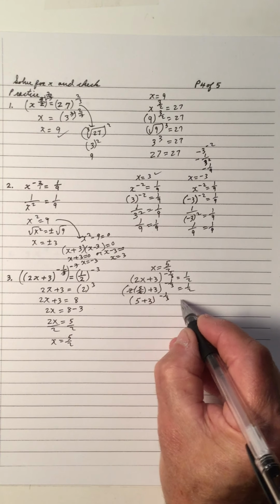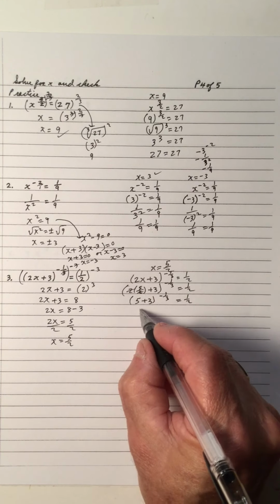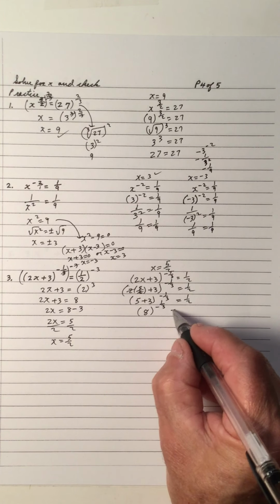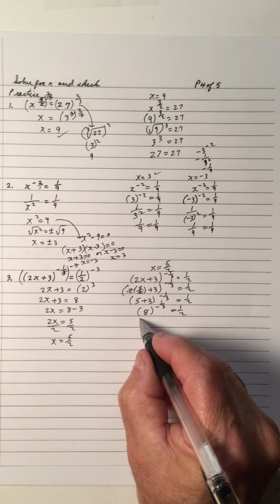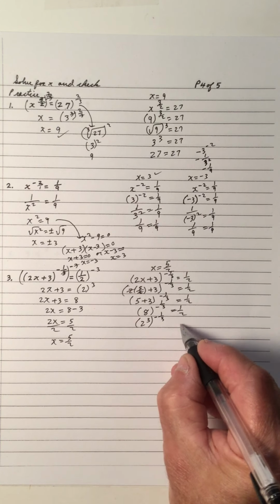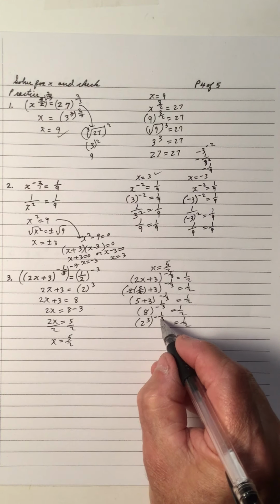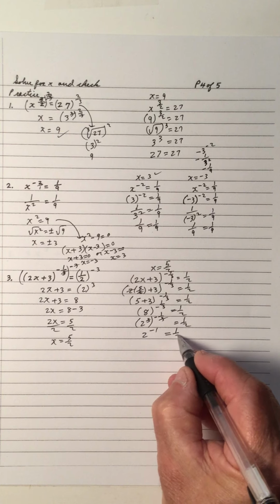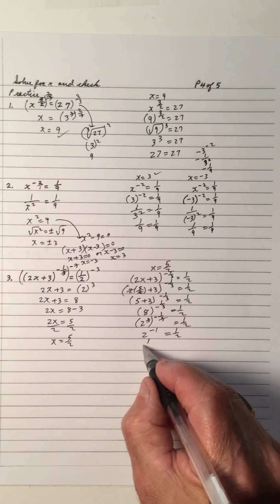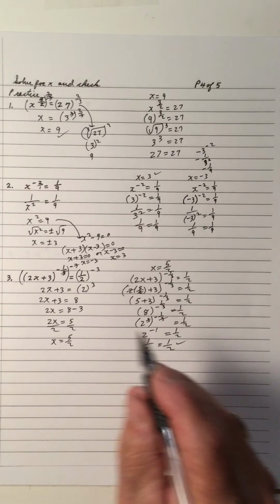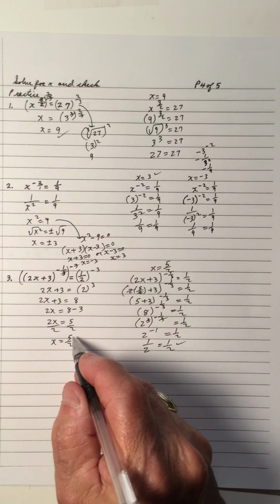I'll do one step at a time. That gives us 8 to the negative 1/3, and 8 is 2 cubed. And the 3s cancel. So that's 2 to the negative 1 equals 1/2. 2 to the negative 1 is 1 over 2 to the 1, or 1 over 2. So the answer is x is 5 over 2.